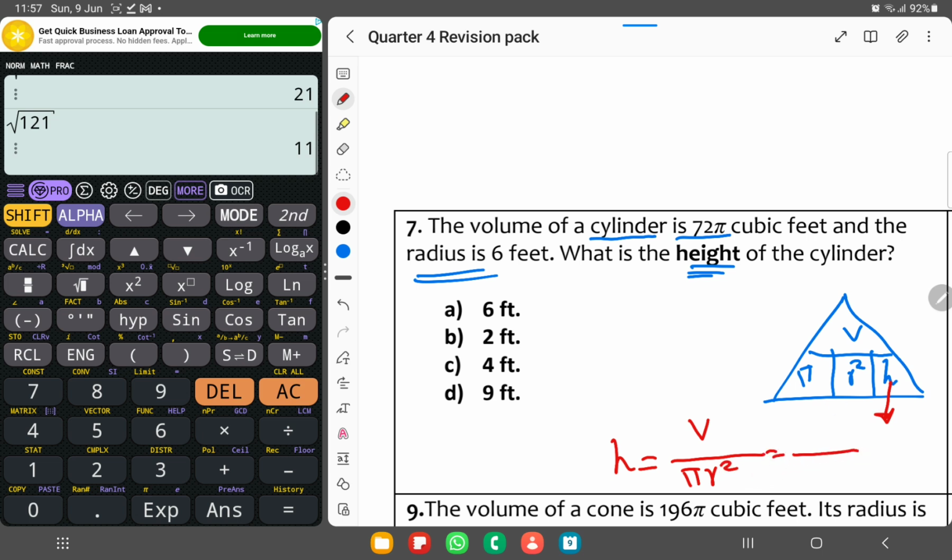The volume is 72 pi over pi r squared. What is the radius? 6. So pi times 6 squared, because the radius is 6 power 2. And then the pi's cancel. What do you have now? 72 over 6 power 2. This is equal to 2 feet.